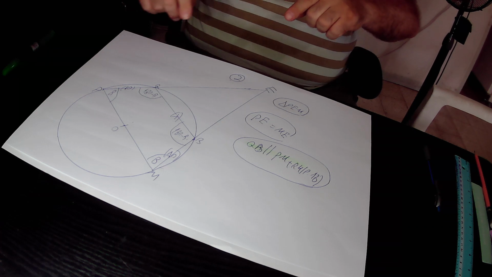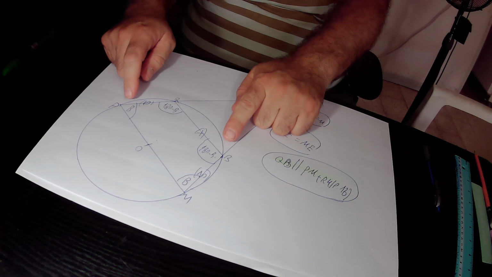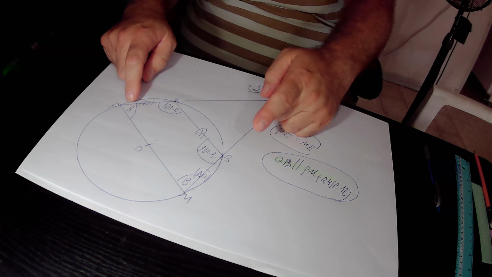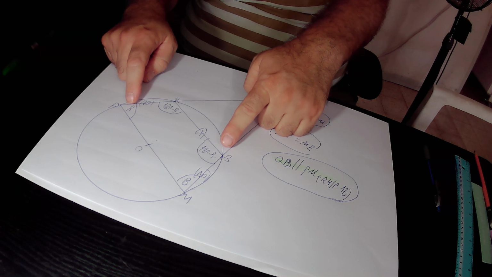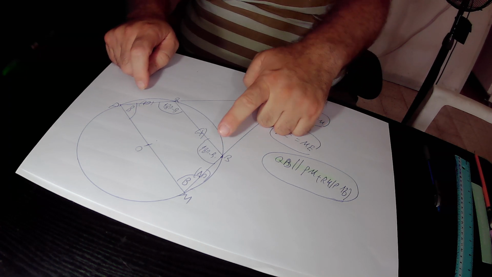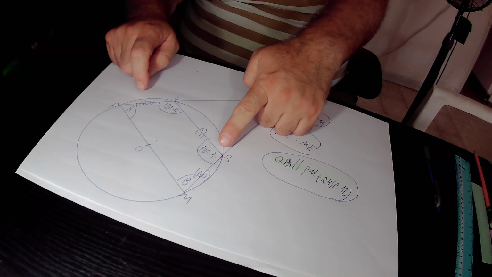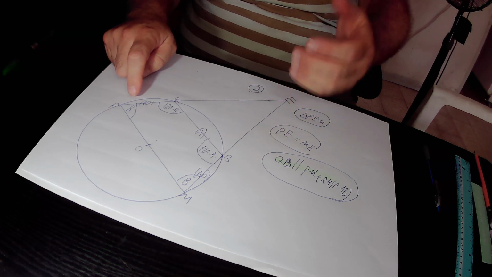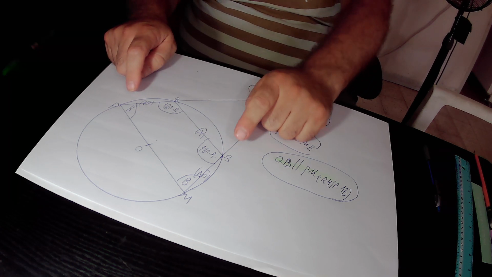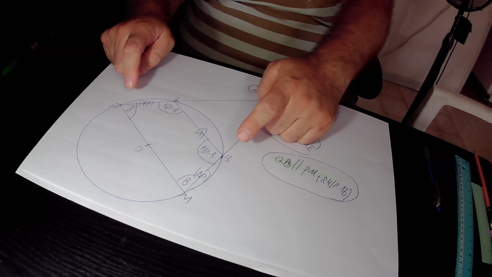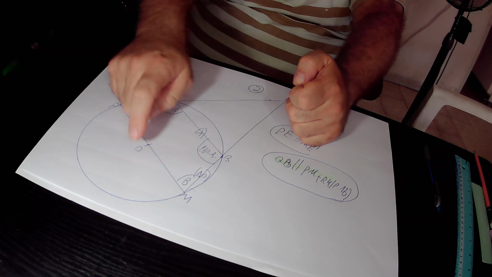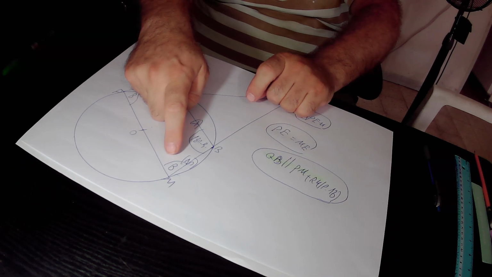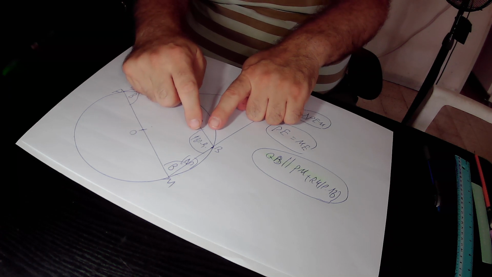Likewise, according to the same logic, the sum of those two opposite angles in quadrangle PQBM must also be 180 degrees. This angle is beta, therefore this missing angle must also be 180 degrees minus beta, because 180 degrees minus beta plus beta is 180 degrees. Anyway, we found out that this is angle beta and this angle is 180 degrees minus beta.